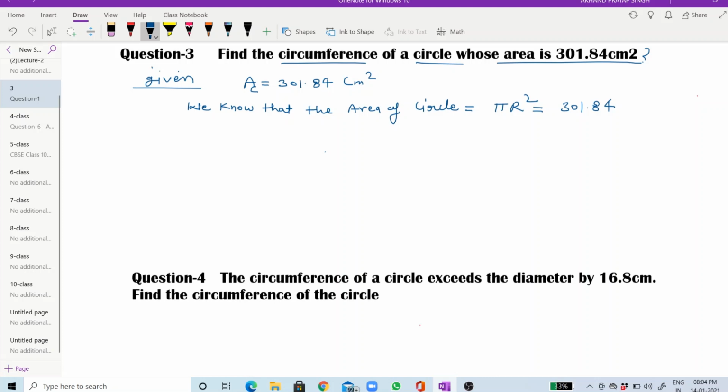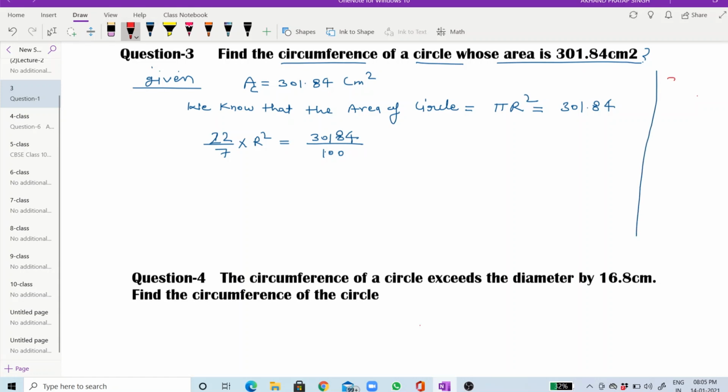So if we get this equation, then the value of pi is 22/7 into r square is equal to 301.84. If you want to remove the decimal here, then it becomes divided by 100. So how to remove it? We multiply by 100 and divide by 100. Look here.